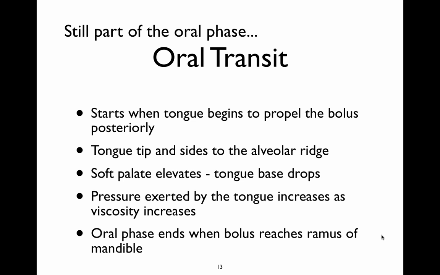This is a very dramatic or well-viewed, easily seen landmark when you're watching a video, because you can see the bolus, which has material in it that makes it visible to those viewing the video, approach and then pass by the ramus of the mandible, and you know then that's the end of the oral phase.